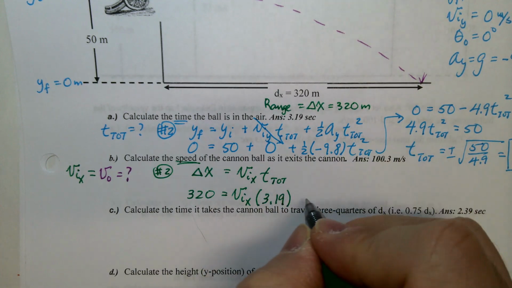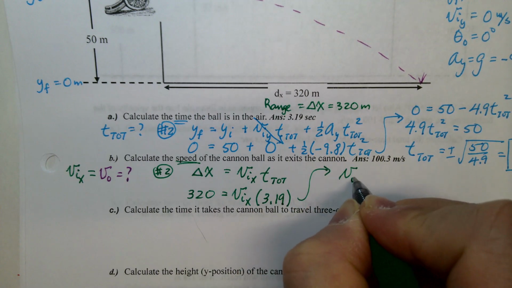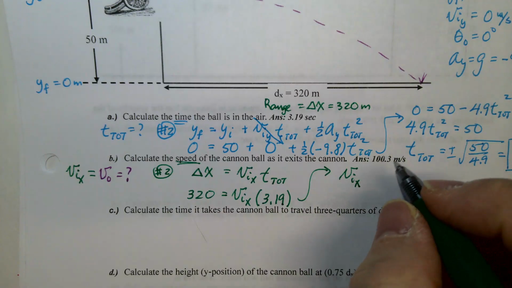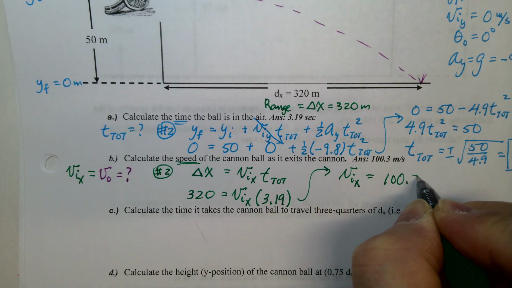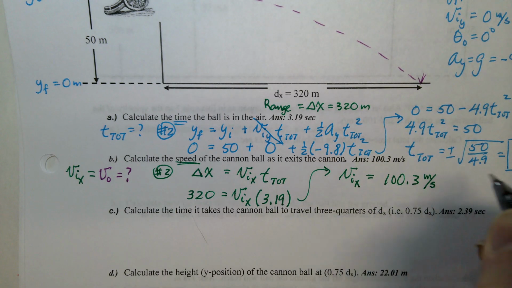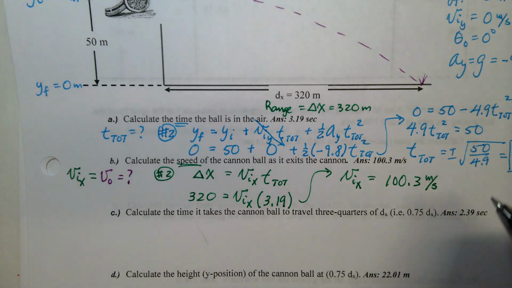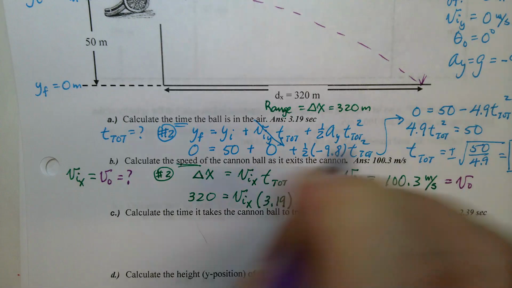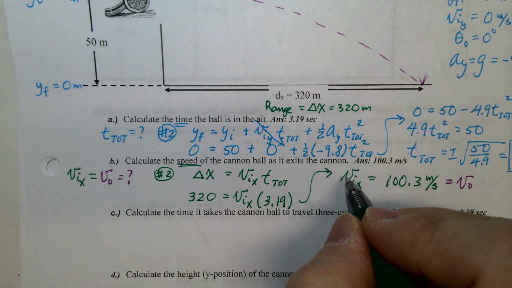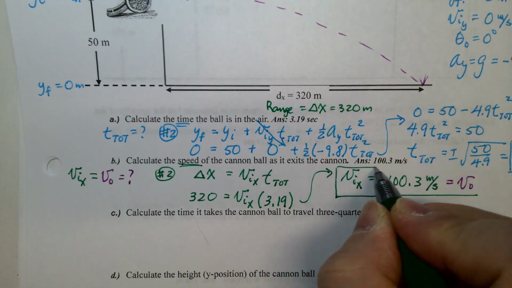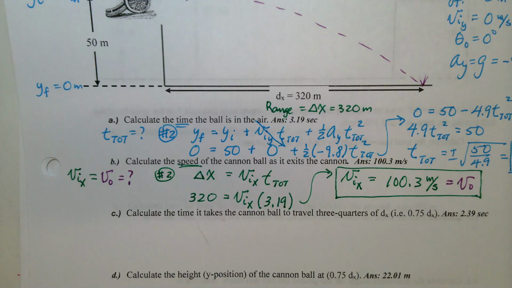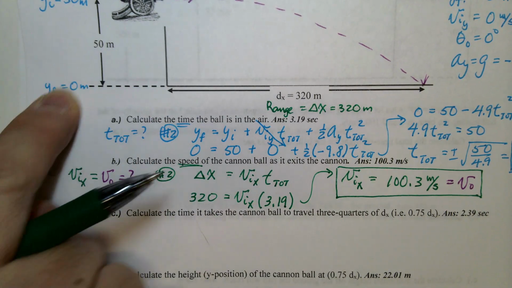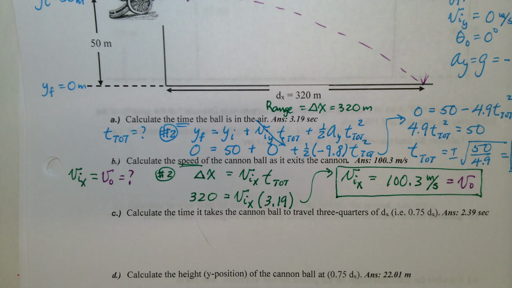So if we solve for VIX, VIX is equal to simply 100.3 meters per second. And that is your V naught. That is the muzzle velocity. So all you need is the time and the height to figure out the muzzle velocity of your cannon.